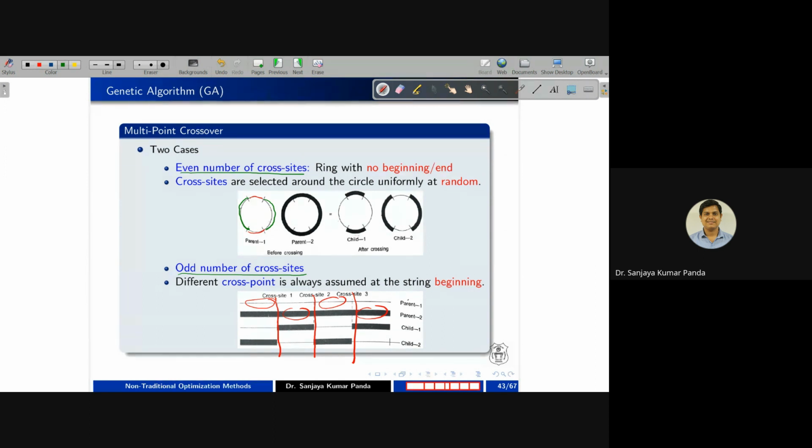Similarly, you can choose parent 2, parent 1, parent 2, parent 1 alternatively to generate another child. So again, there is a challenging problem like what I told you previously in selection: it is difficult to determine which point of crossover is better for your case. Again, it is a hit and trial method, right? We cannot say which particular crossover is going to be suitable for a particular problem.